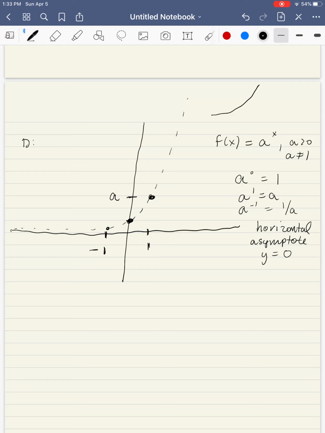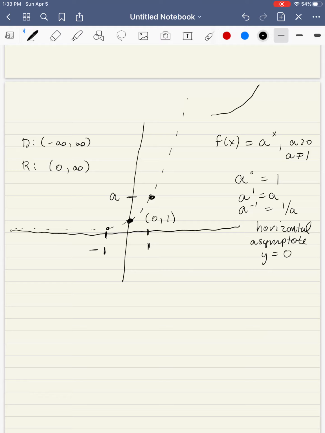And we also see that our domain will always be negative infinity to positive infinity, and our range will always be 0 to infinity. So those are some things that we know will always be true. The domain, the range, the general shape, the horizontal asymptote, and the ordered pair 0, 1.